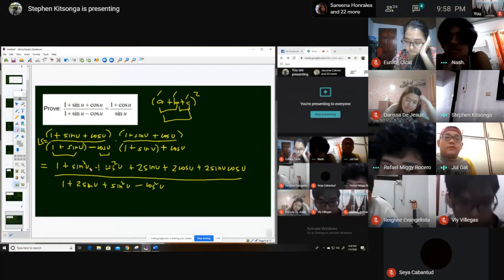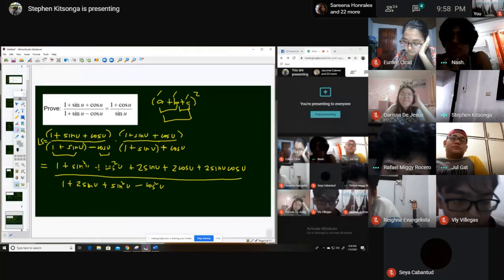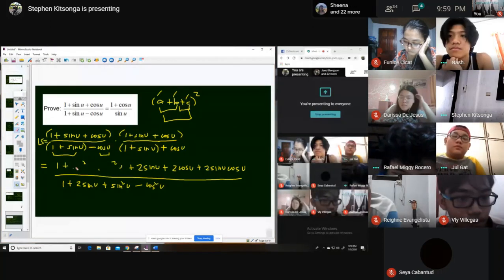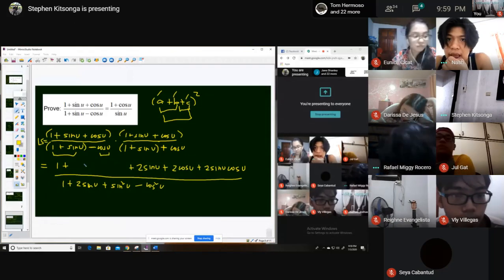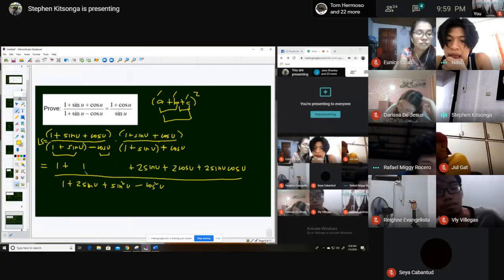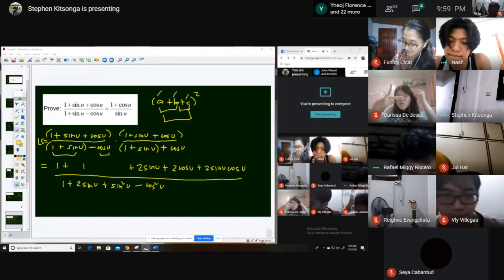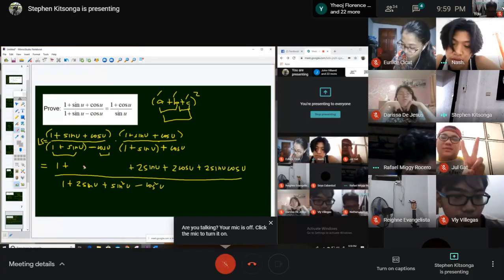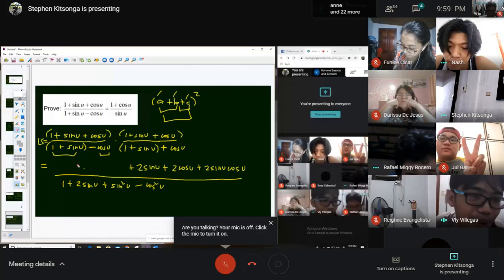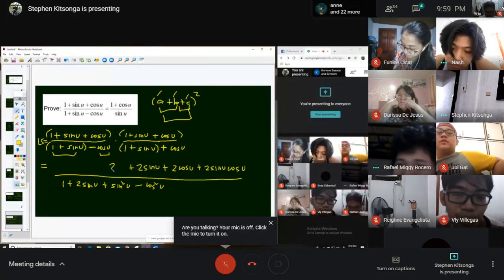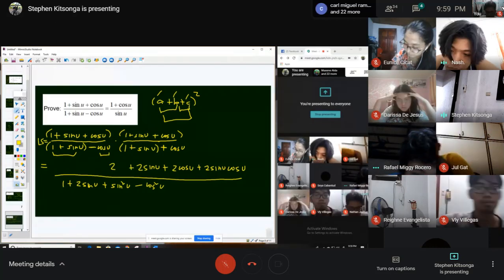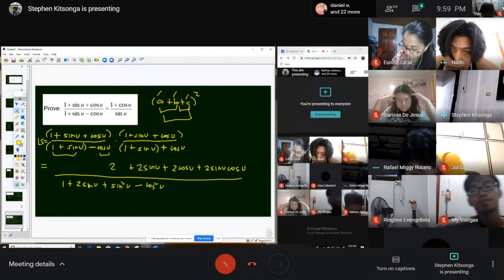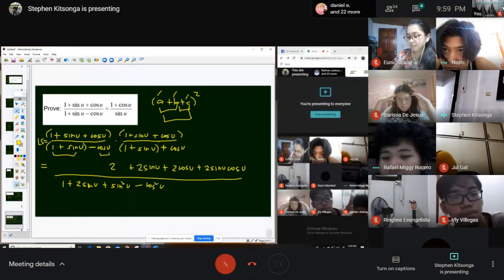So this becomes 1. It becomes 1. Sine squared plus 1. And what is 1 plus 1? 2. Now look, everything in the numerator is being doubled. So we can actually factor out 2, right? Let's factor out the 2.